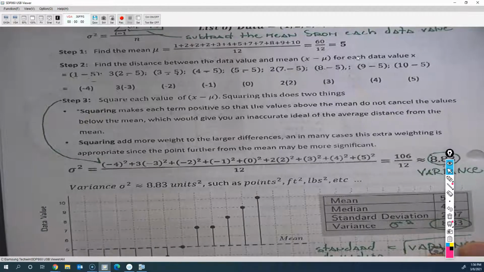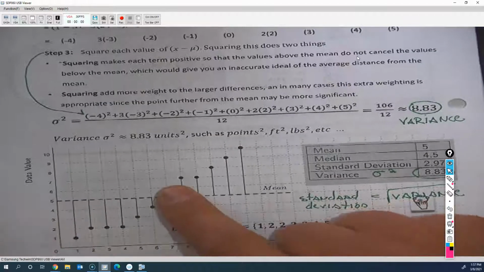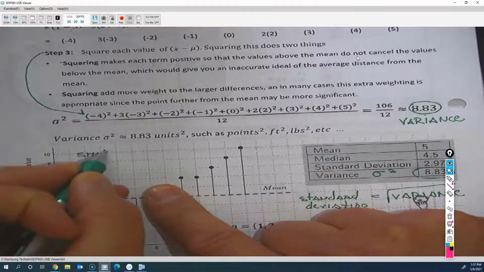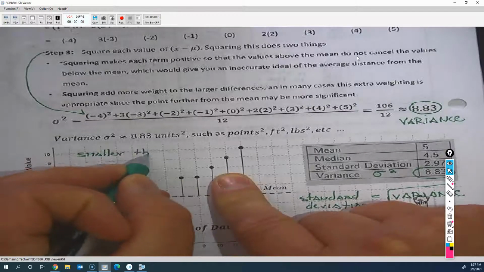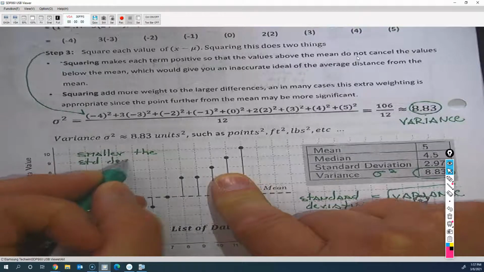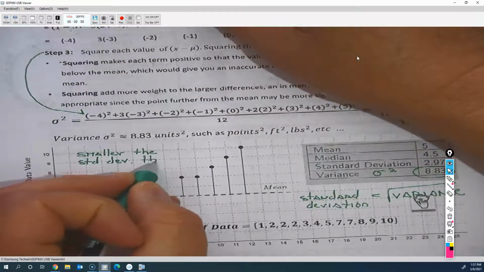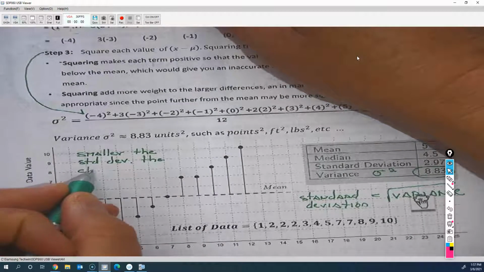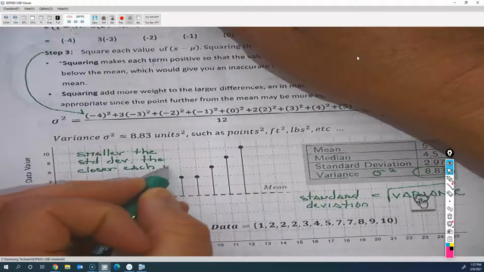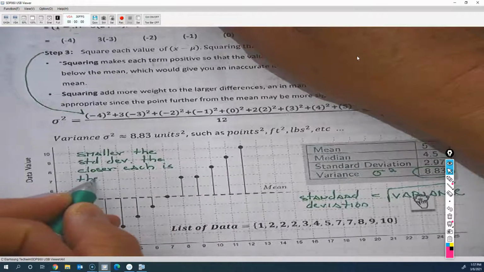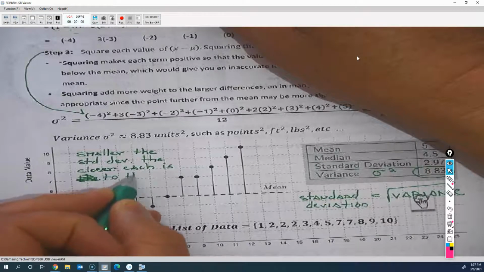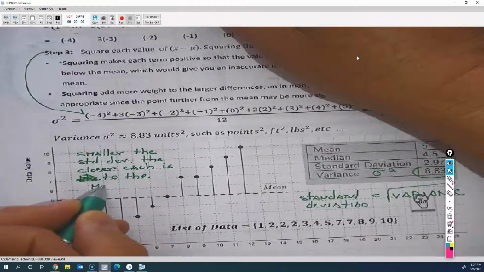Okay, so all in all, the smaller the standard deviation, the closer each dot is to the mean.